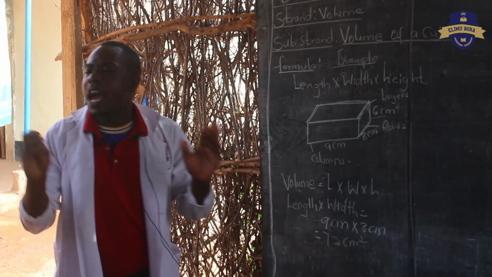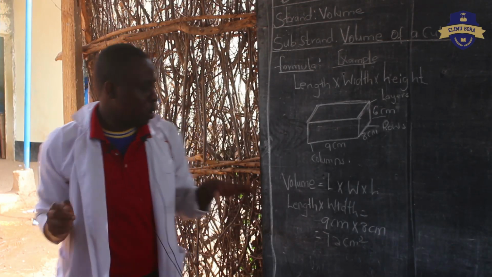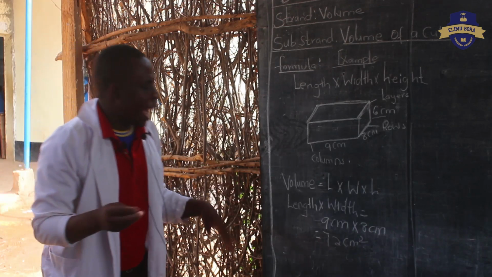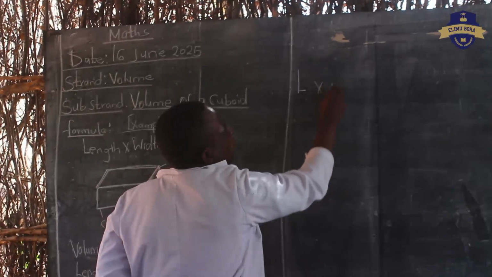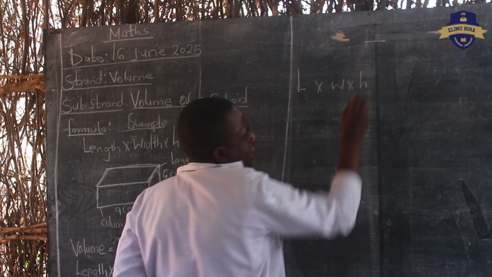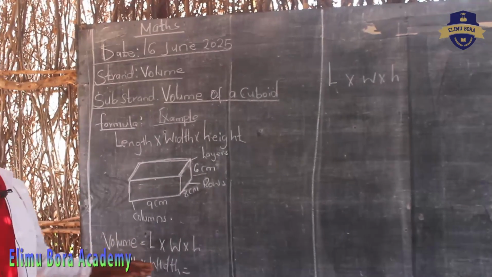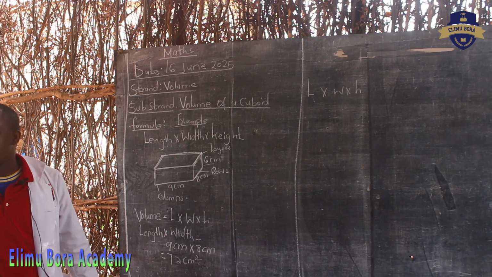But we are finding the volume, so we write length times width times height. Now we have the length and the width, which is 72 centimeter square.